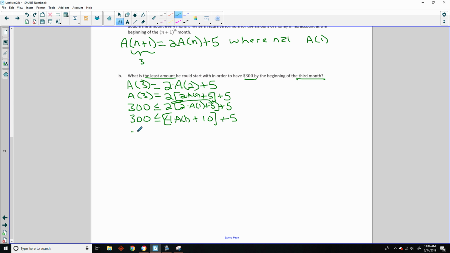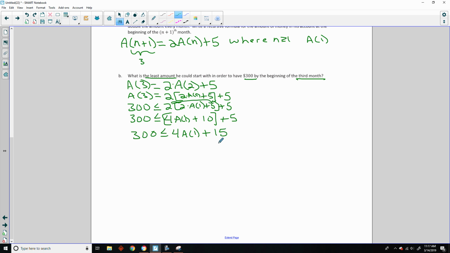So that's going to simplify to 300 is less than or equal to 4 times the amount of the first month plus $15. Okay, 5, 10, 15. 3 bonuses from mom.